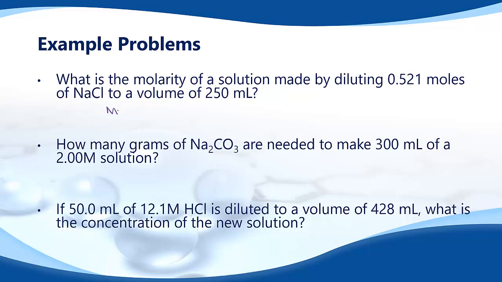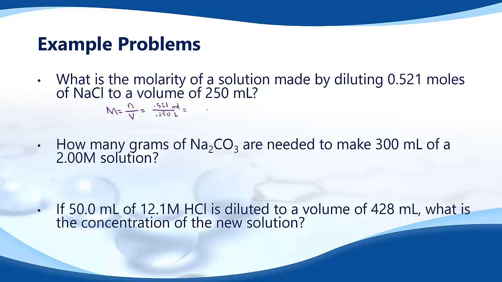We know that molarity is equal to moles over volume in liters. The number of moles is 0.521. The volume is going to be 250 milliliters. 250 milliliters is 0.250 liters, so liters and moles.